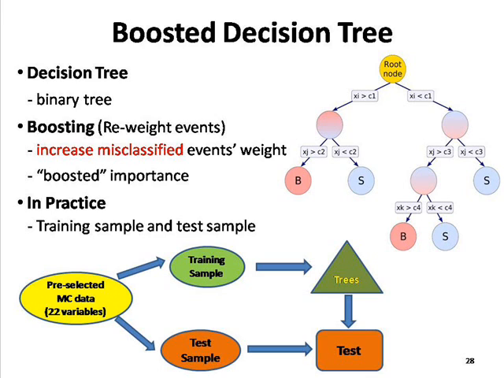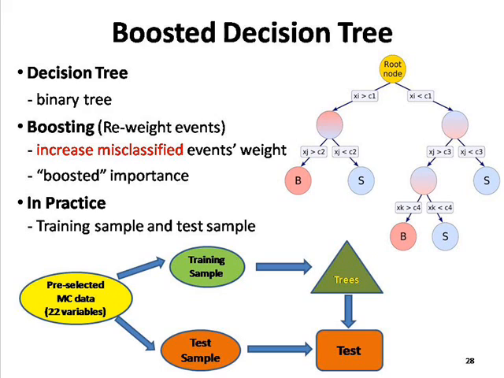The boosting here is basically reweighting the events. Every time you separate, there is no such powerful classifier that can finally separate the signal and the background completely. Every time you build a tree, some of the events will go the wrong way. Some of the signal will be misclassified as background, and some of the background will be misclassified as signal.